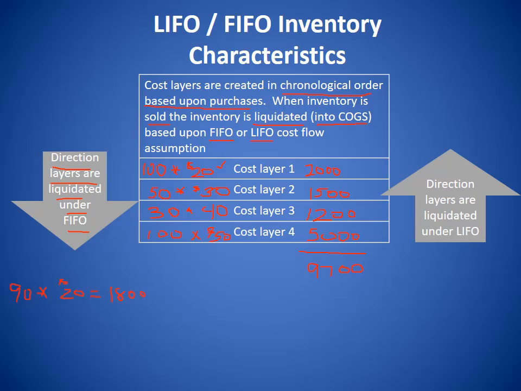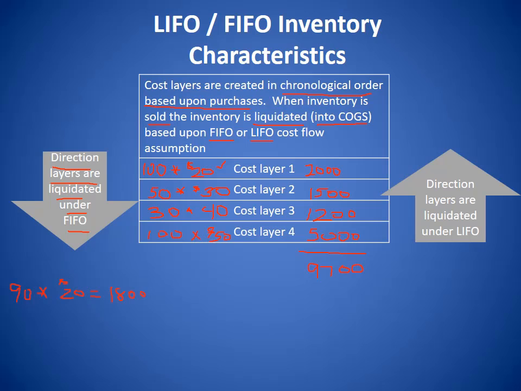In other words, credit inventory, and the debit will go to cost of goods sold for $1,800. Okay, let's do another transaction. Let's assume that we sold 50 items.